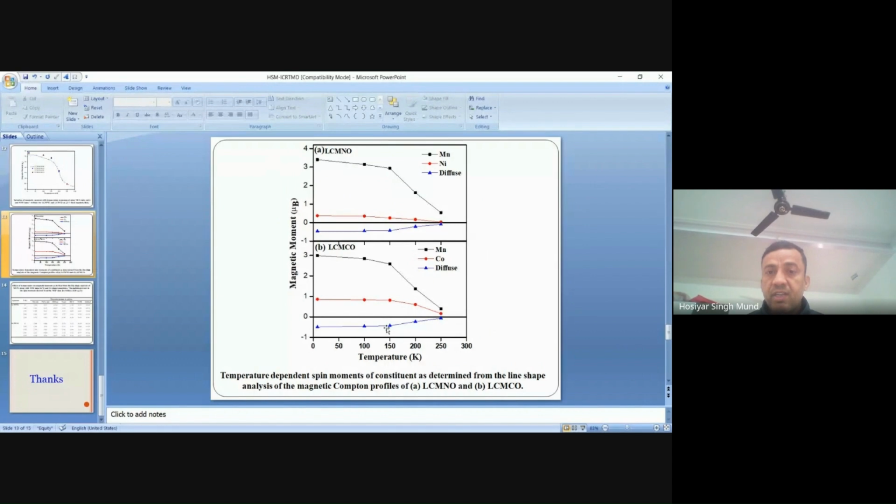Here we can see that in both samples, cobalt and nickel doped, Mn and the doped transition metal have parallel or ferromagnetic behavior with each other, while the diffuse contribution has anti-parallel behavior. It means that diffuse electrons have a negative magnetic moment within this system.